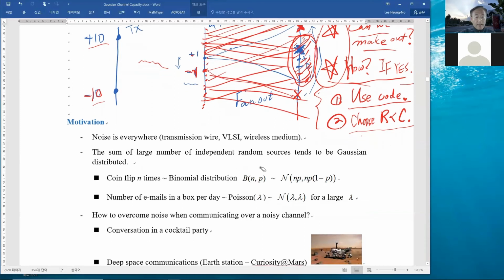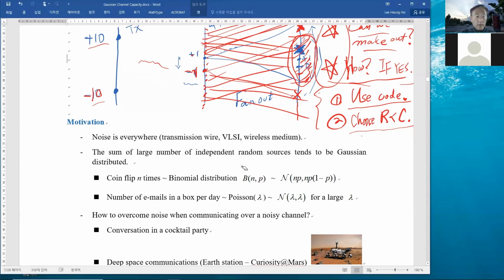And basically, if you have a large number of independent random sources acting together, it tends to develop a Gaussian distribution. So for example, coin flip n times, it is a binomial distribution, right? N coin tosses, p is the probability of heads. But if we have large N, then this binomial distribution can be approximately described as a Gaussian distribution.